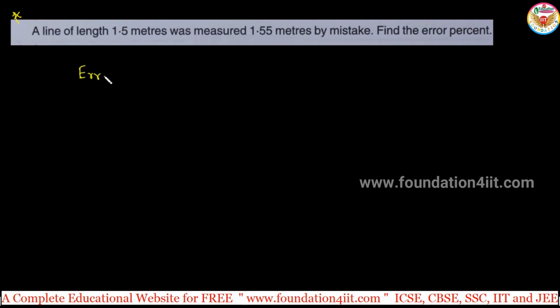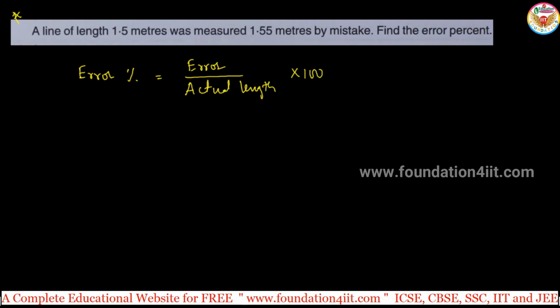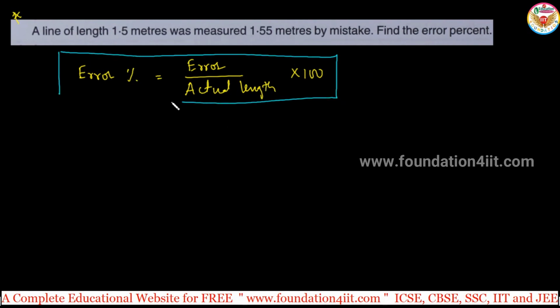Whenever the questions are like this, error percentage, that is how much error by actual value, the actual length, or original value, as in the previous formula. In this case, actual length into 100. If you observe the problem, the actual length is 1.5 meters, and it was measured as 1.55 meters by mistake. This is the formula you can take to find the error percentage.